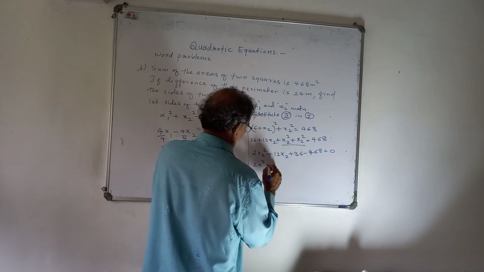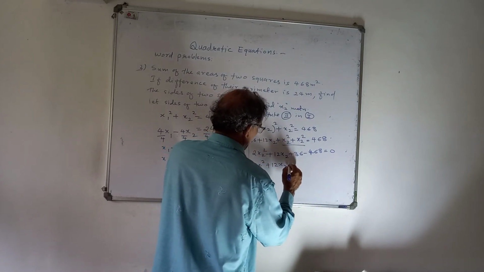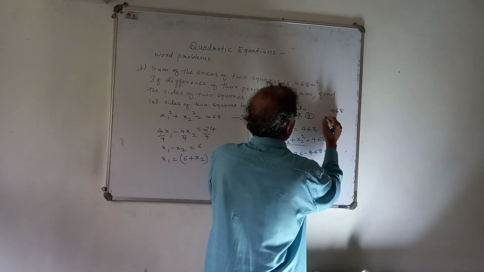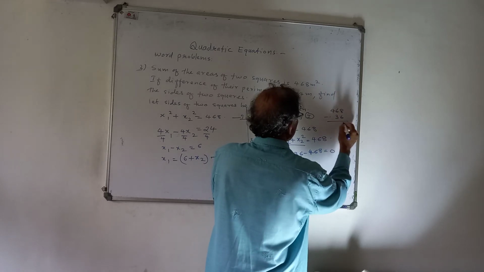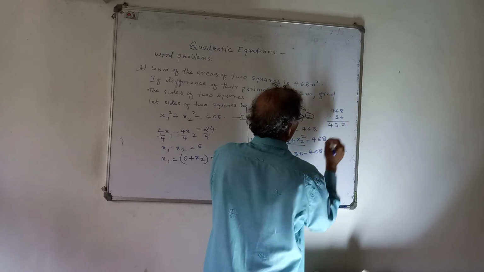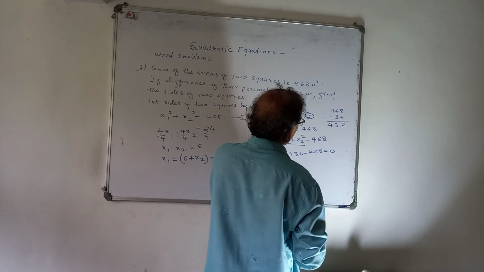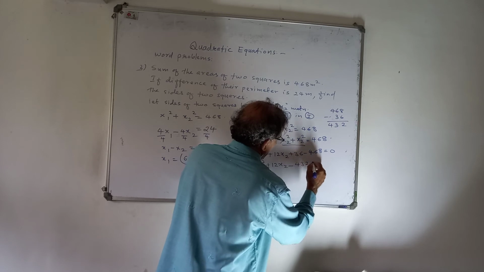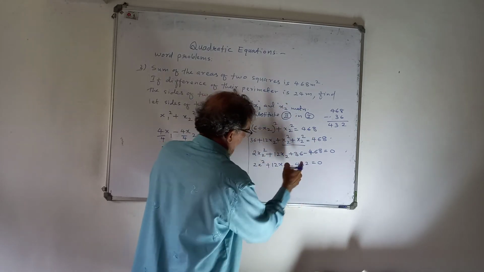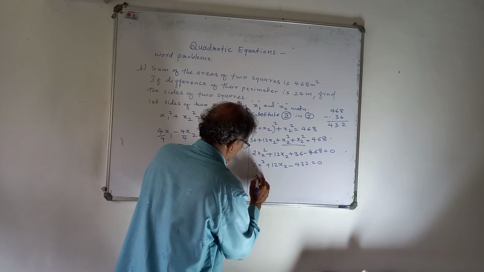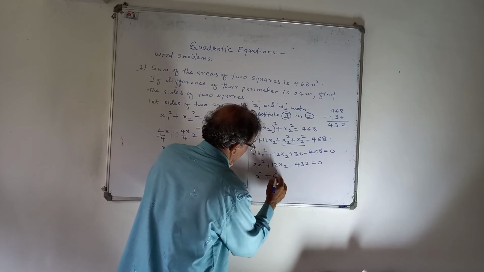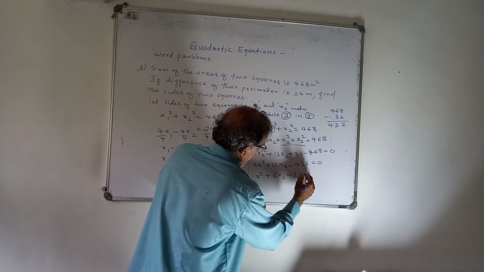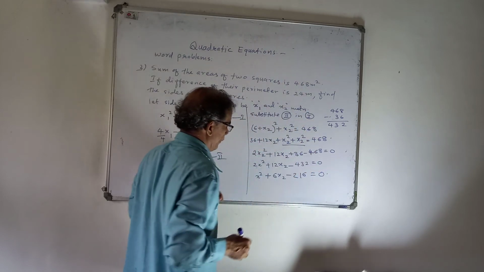So 2x2 square plus 12x2 minus, now 468 minus 36 is 432. So minus 432 is equal to 0. All they are divisible by 2. So if you divide here by 2, it is x2 square plus 6x2 minus 216 is equal to 0.